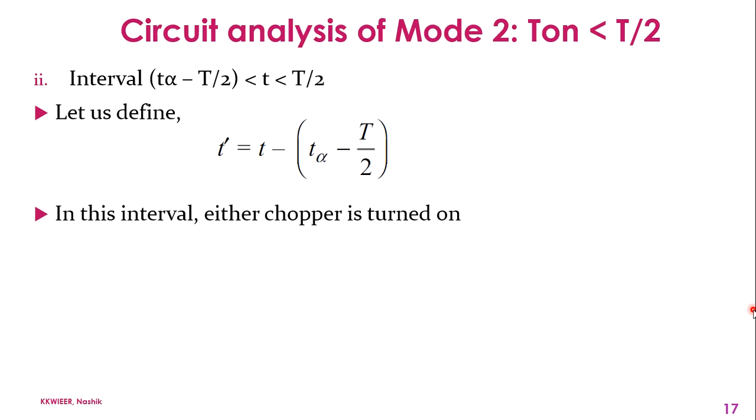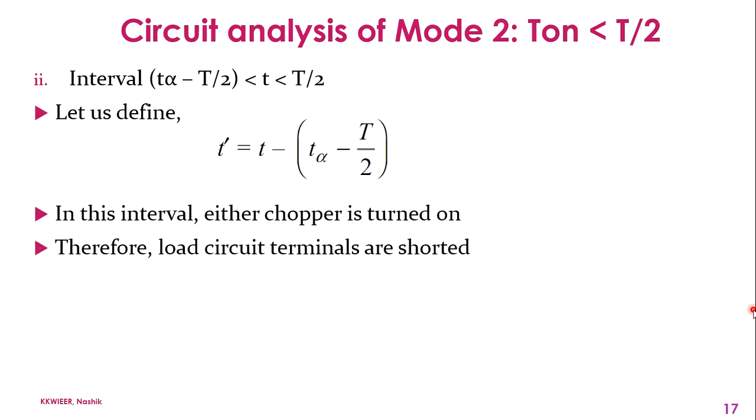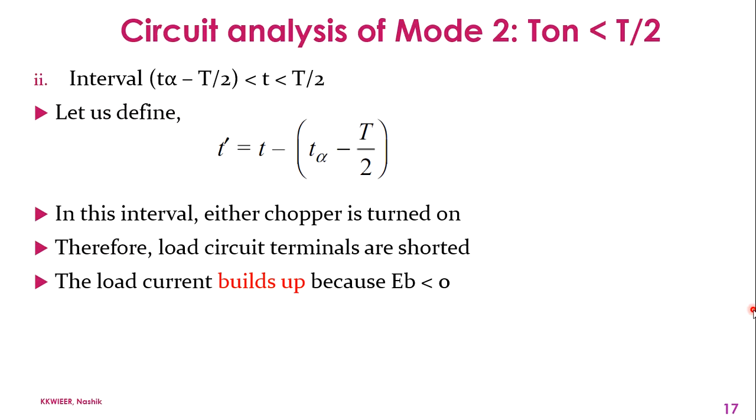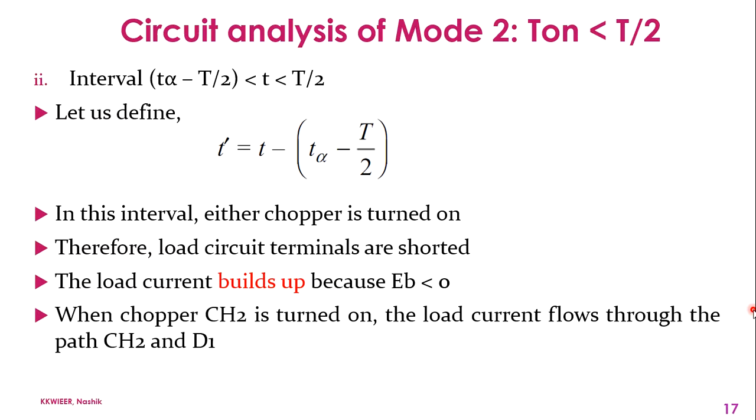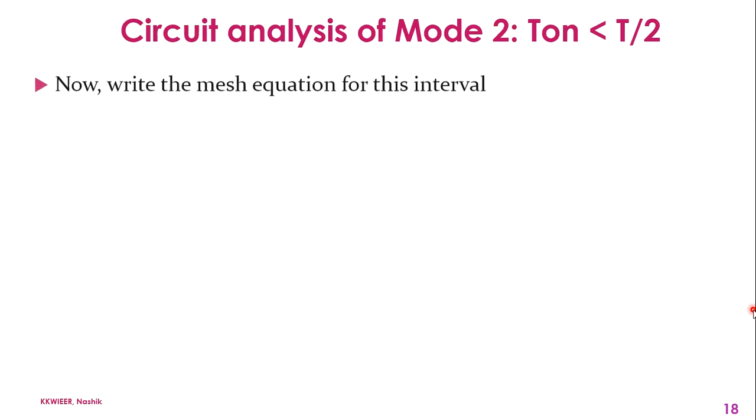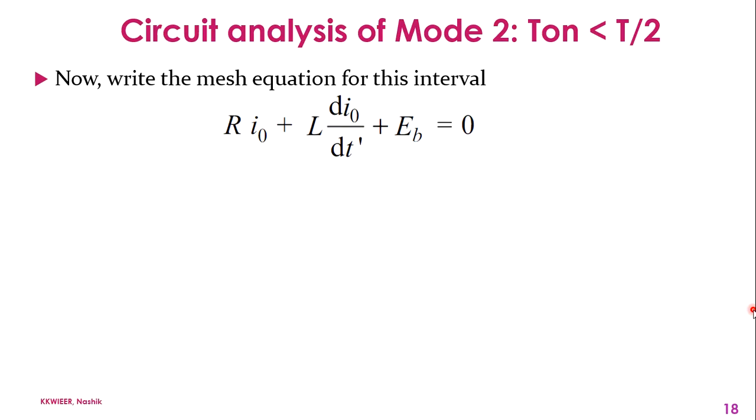So in this interval, either chopper is turned on and therefore the load circuit terminals are shorted. The load current builds up because EB, that is the back voltage, is less than 0. When the chopper CH2 is turned on, the load current flows through the path chopper 2 and diode 1. Now write the mesh equation for this interval.